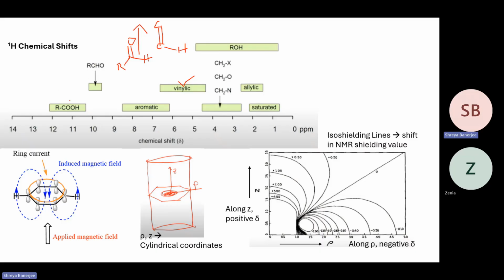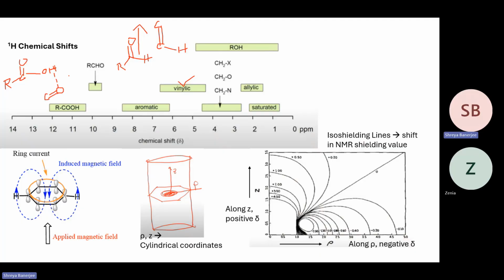And finally, you have the carboxylic acid, which is RCOOH. In carboxylic acid, basically, there is additional hydrogen bonding. So if you have two molecules of carboxylic acid, the hydrogen of one molecule can form hydrogen bonds with the carbonyl oxygen of the other molecule.